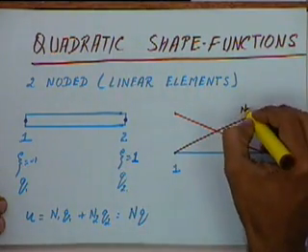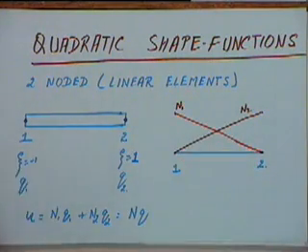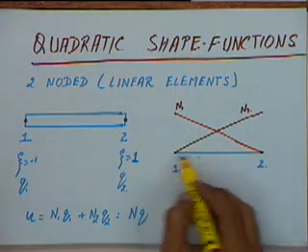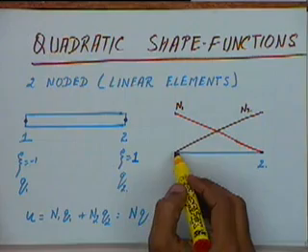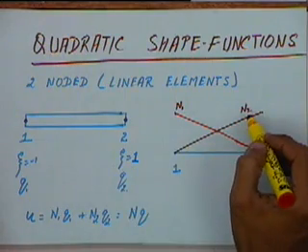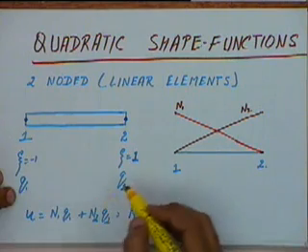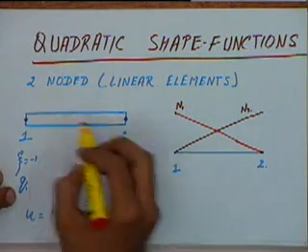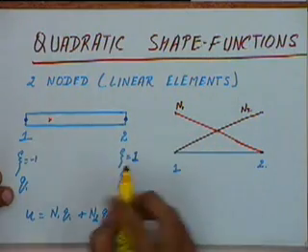This is n2 and this is n1. We said n1 will be 1 at node 1 and 0 at node 2, and n2 will be 1 at node 2 and 0 at node 1, where n1 and n2 are the shape functions which are basically the weightages we are assigning to q1 and q2 to find out the deformation at any arbitrary point within the element.